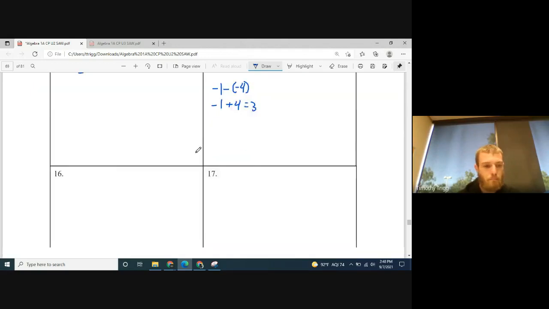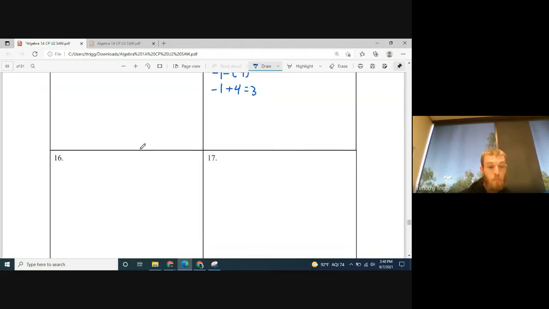Number 16. Here we have 5s to the power of -7 over 10s to the power of -9. Okay. First, let's talk a little bit about the 5 over 10. So let's just pretend we have a fraction 5/10.